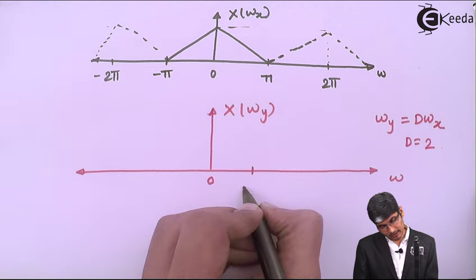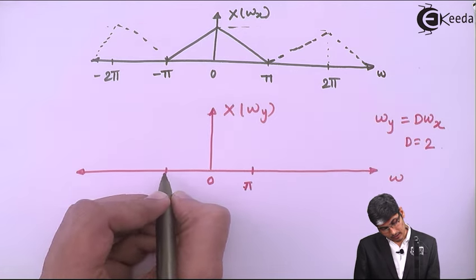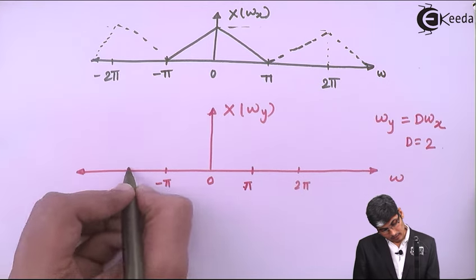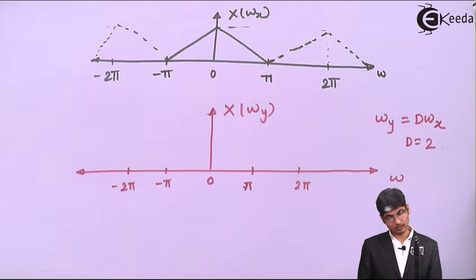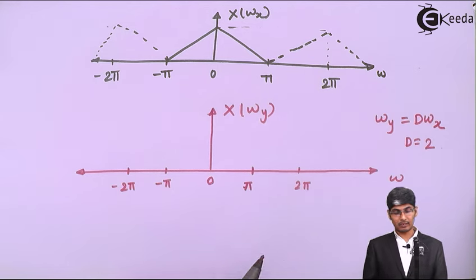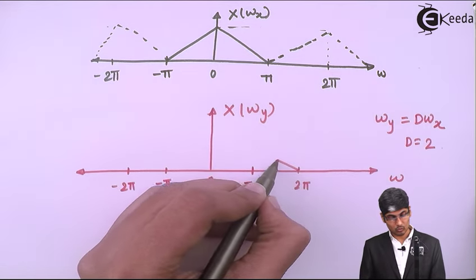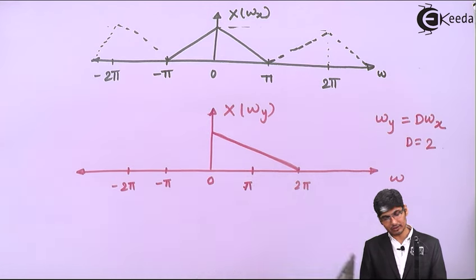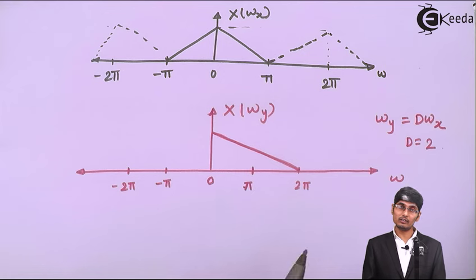So now let's say this is my pi, this is my minus pi, this is my 2 pi, my minus 2 pi. Whatever was happening at pi now will go up to 2 pi. So there was a trail till pi, now it is trailing till 2 pi.